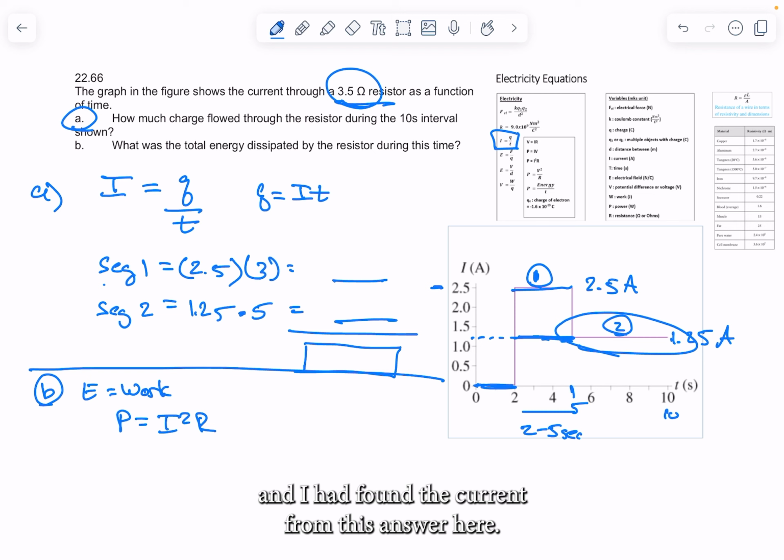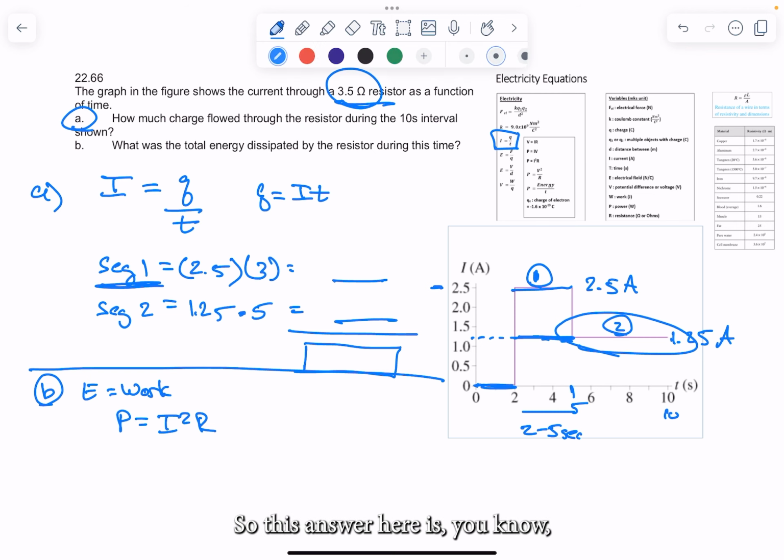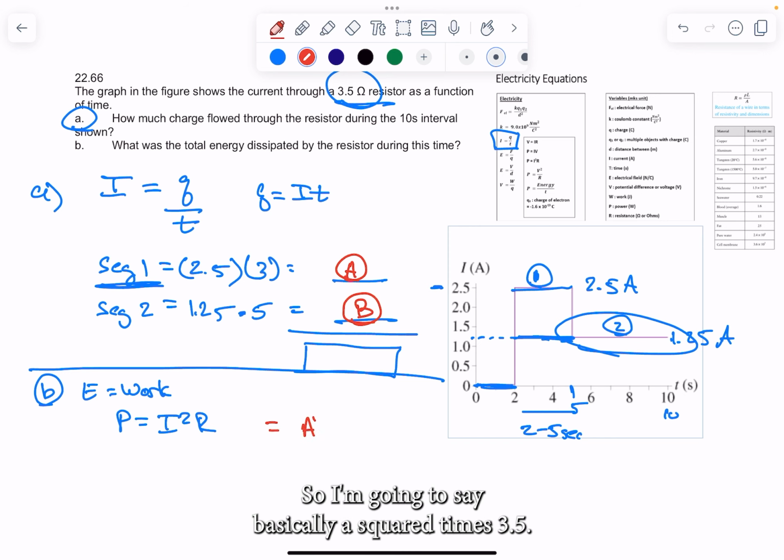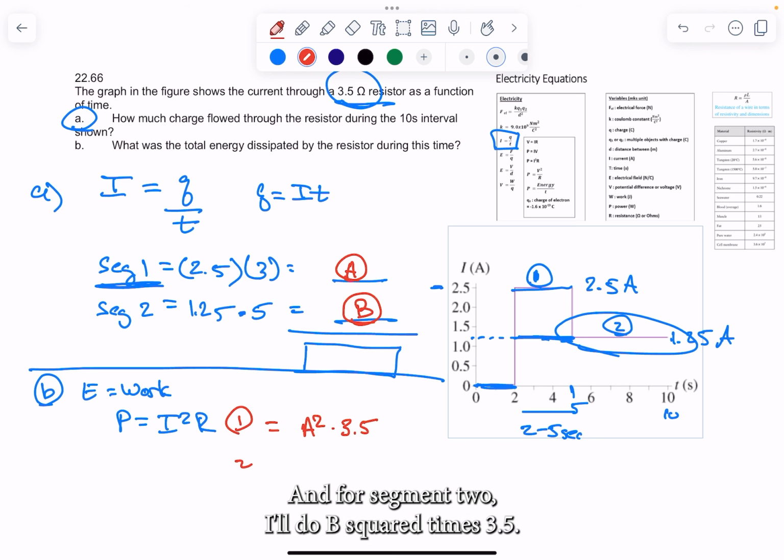And I had found the current from this answer here. This answer here is number 1, if you will. Let's say A, actually, and we'll call this B. So I'm going to say basically A squared times 3.5, and this is segment 1. And for segment 2, I'll do B squared times 3.5.